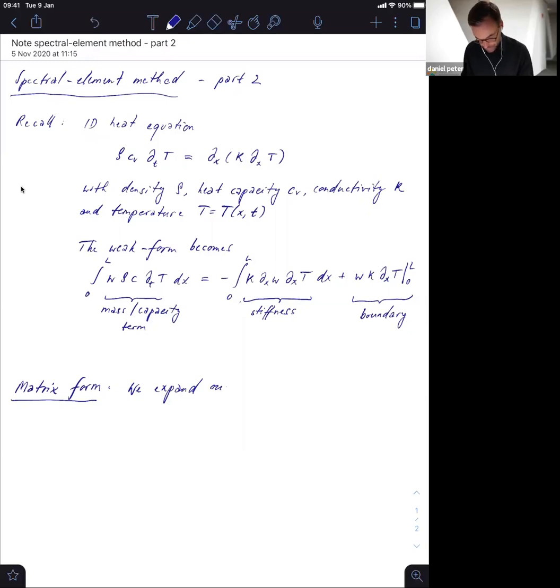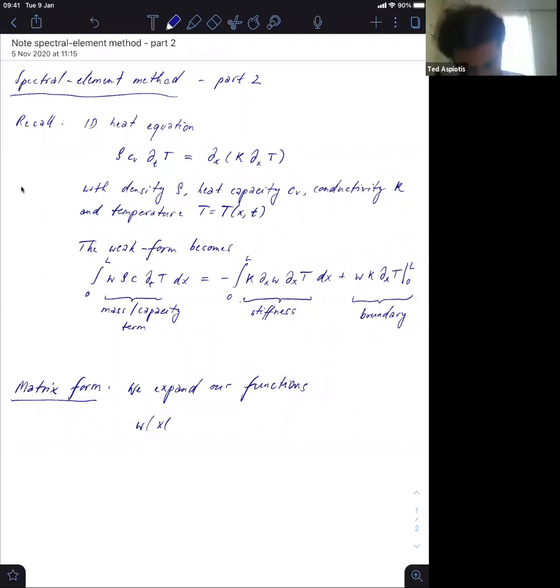So we expand our function in the following way. We have W of x, and x is a function of xi, the local element coordinate.